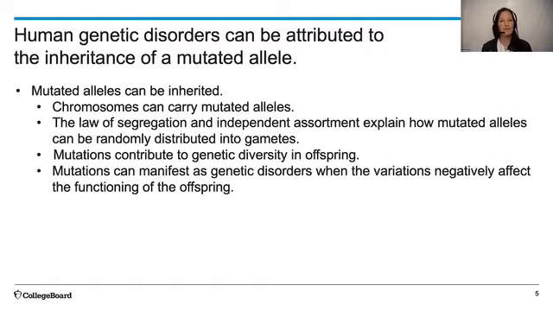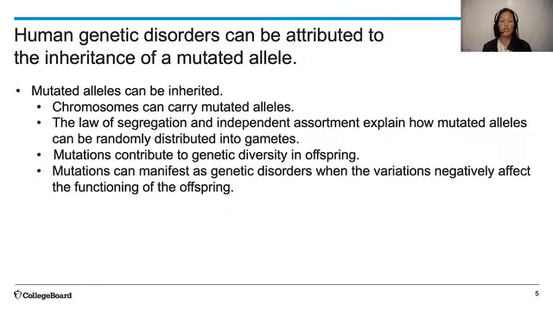So we oftentimes look at this with genetic disorders. Many human genetic disorders can be attributed to the inheritance of a mutated allele. And what we mean by this is that the chromosomes can carry these mutated alleles.